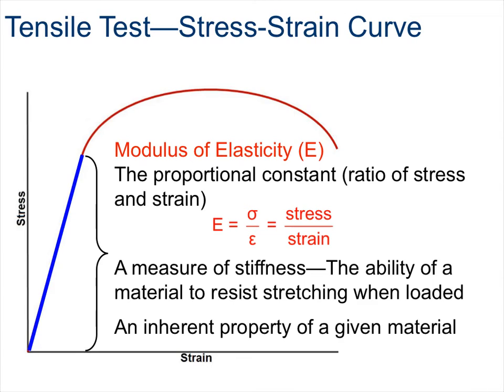The slope of the engineering stress strain curve within the elastic region of the graph is called the modulus of elasticity and is represented again by the capital letter E. Recall that the modulus of elasticity is the measure of stiffness, or the ability to resist stretching when a load is applied. The modulus of elasticity can be found by dividing stress, sigma, by the strain, epsilon. The unit of measurement for the modulus of elasticity is PSI in the U.S. customary system.